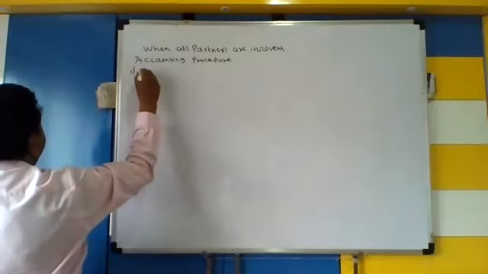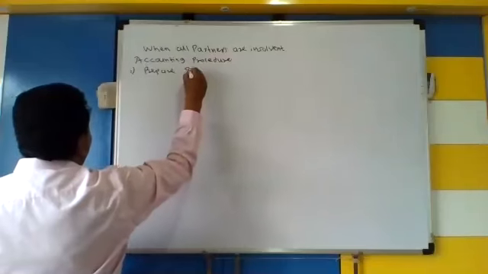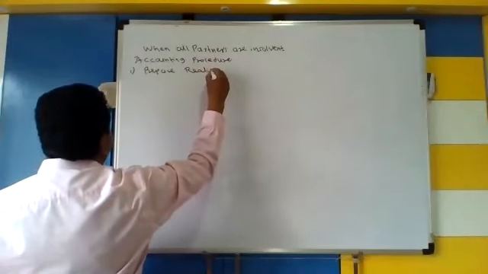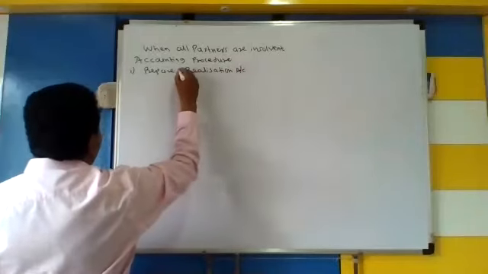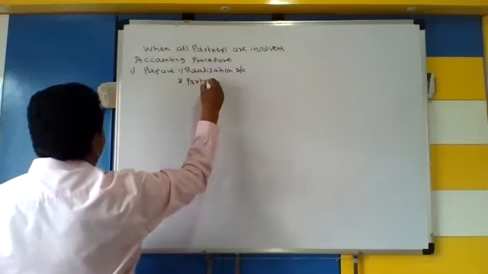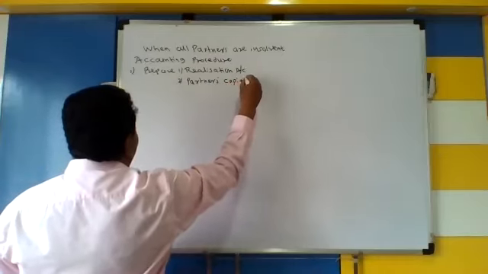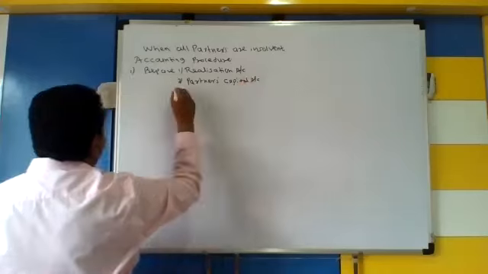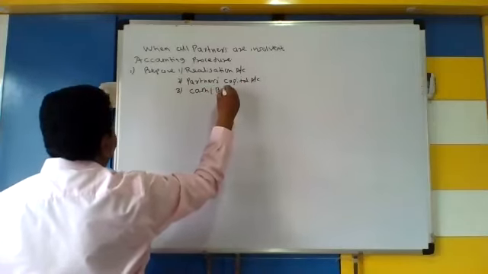Number 1. Prepare realization account. Number 2. Then partners capital account. Number 3. Cash or bank account.